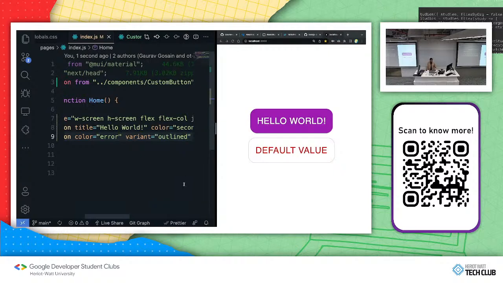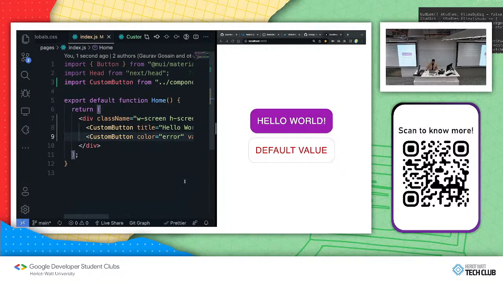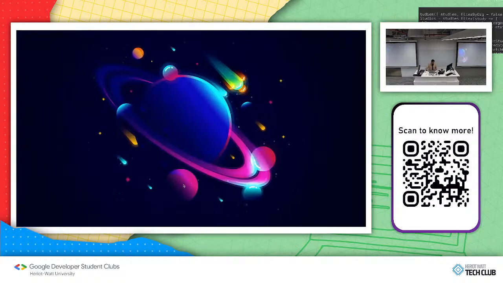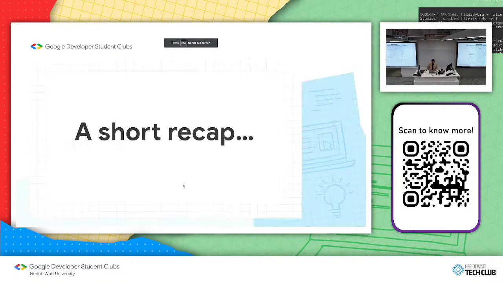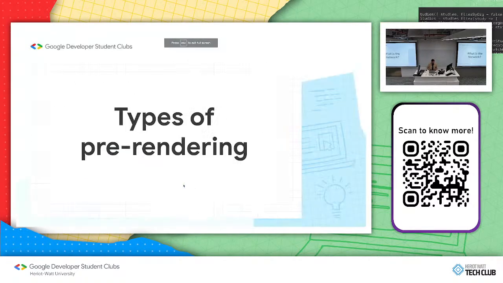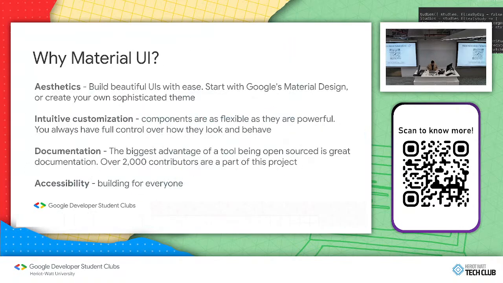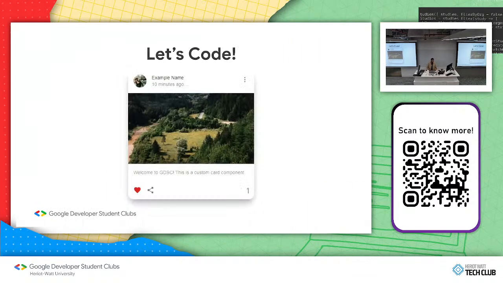So now let's move on to actually building what we meant to build. Yep, so let's try to code this out. It's basically using Material UI's card API. So they have a card API which basically provides you with a card header, card media, and card footer, or card actions, I believe it's called.